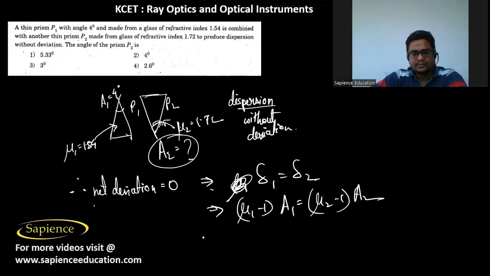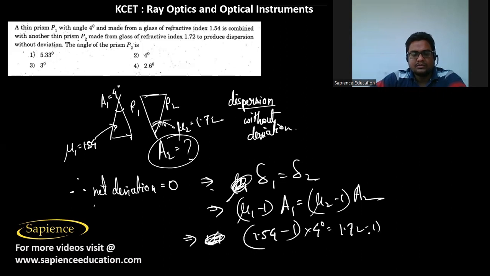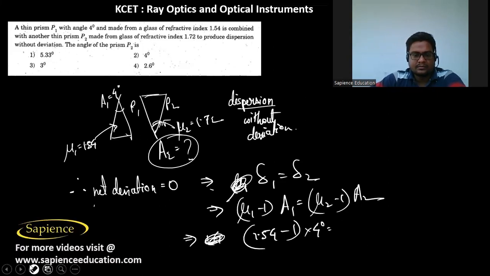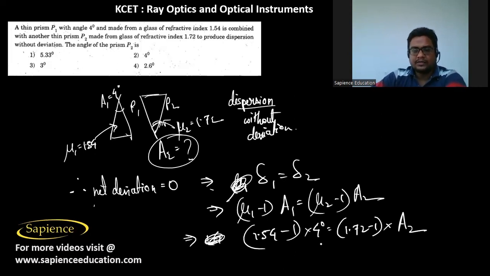So mu1 is 1.54, so 1.54 minus 1 into A1, A1 is 4 degrees. That will be equal to mu2, which is 1.72 minus 1 into A2. We have to find out A2.